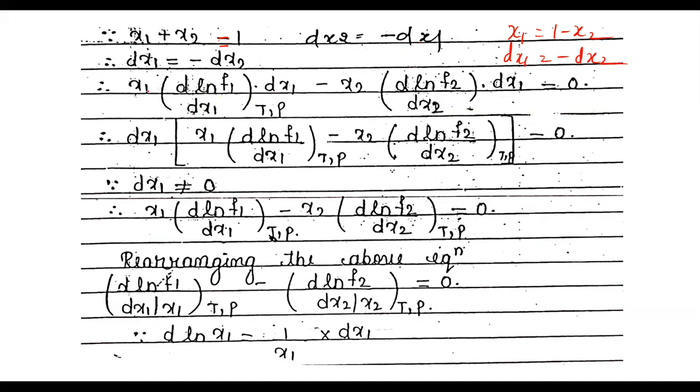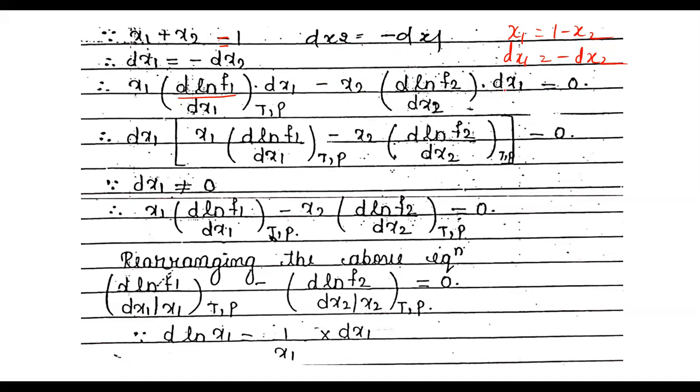So you can see in the previous equation, x1 into derivative of ln f1 upon dx1 into dx1 remains as it is. Now minus x2 into derivative of ln f2 upon dx2. Now this dx2 is equal to minus dx1, therefore the negative sign. So minus x2 into this is equal to 0.